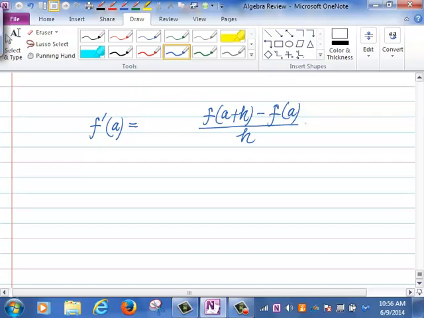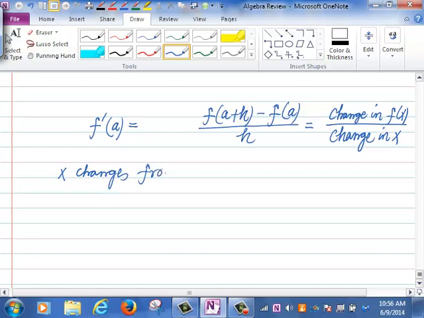And basically then I can think of this as the change in the value of f, change in f of x, divided by change in x, right? x changes from a to a plus h, right?